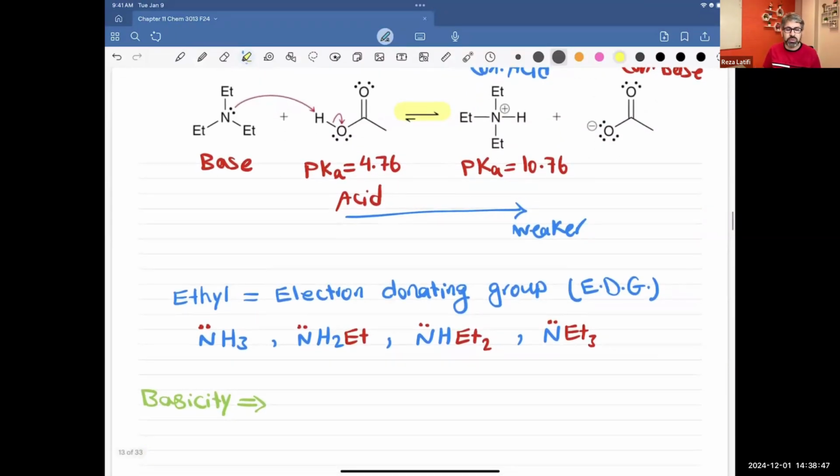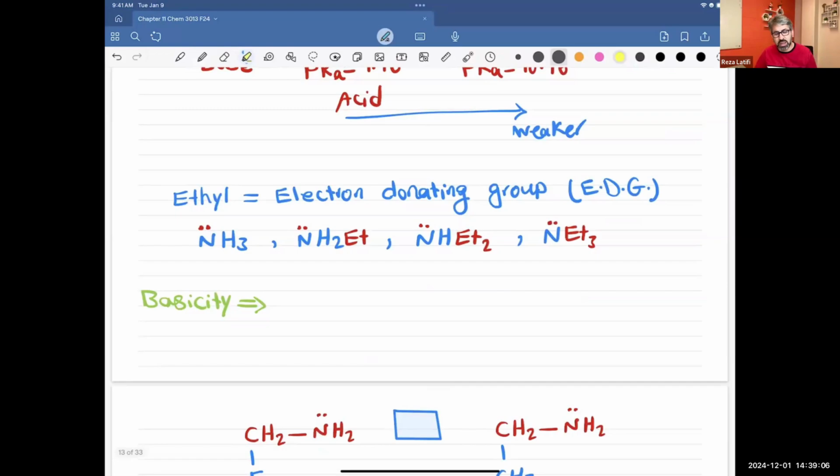Now, I have to remind you that ethyl or alkyl groups are electron donating groups. The more we have of them, the higher the electron density sitting on nitrogen, and so nitrogen will be a stronger base in acid and base reactions. So for example, we have 4 molecules here, starting from ammonia, I replace the H with ethyl and then 2 ethyl, and at the end, I get rid of all hydrogens and replace them with 3 ethyls.